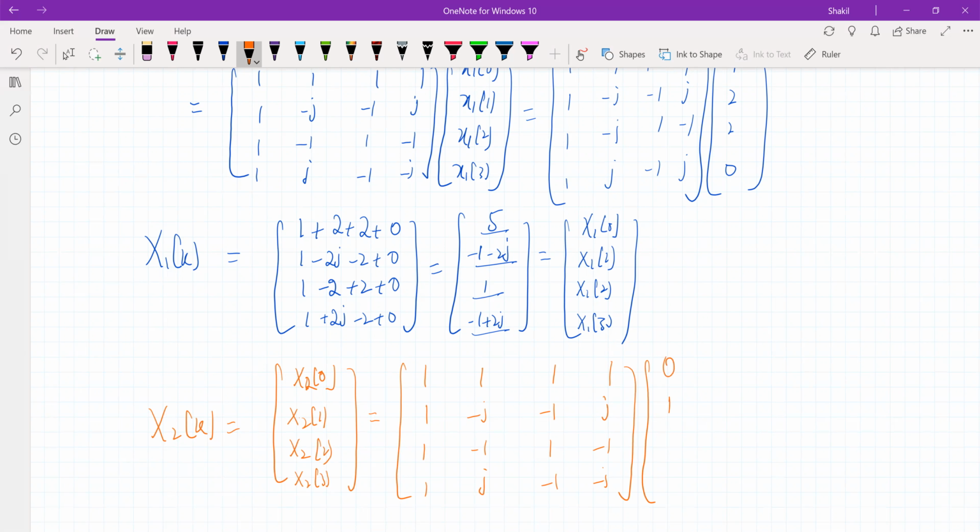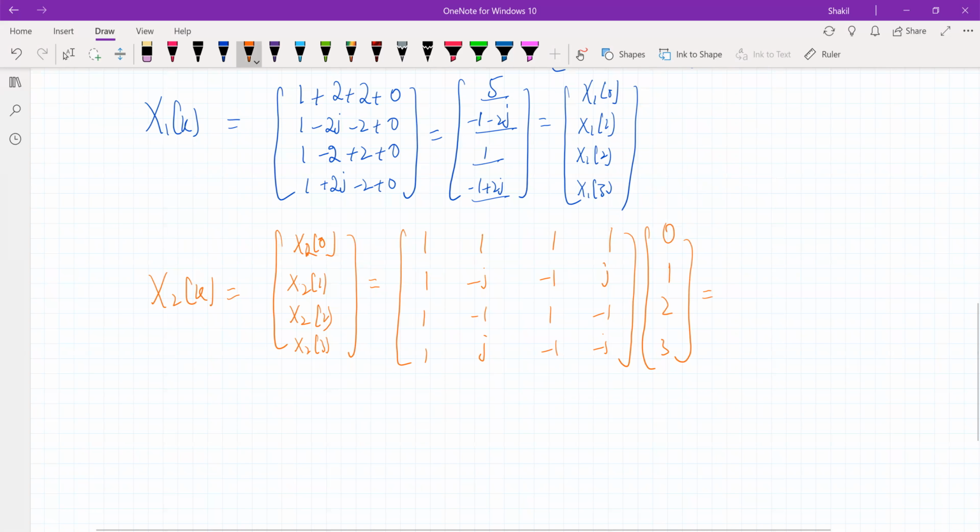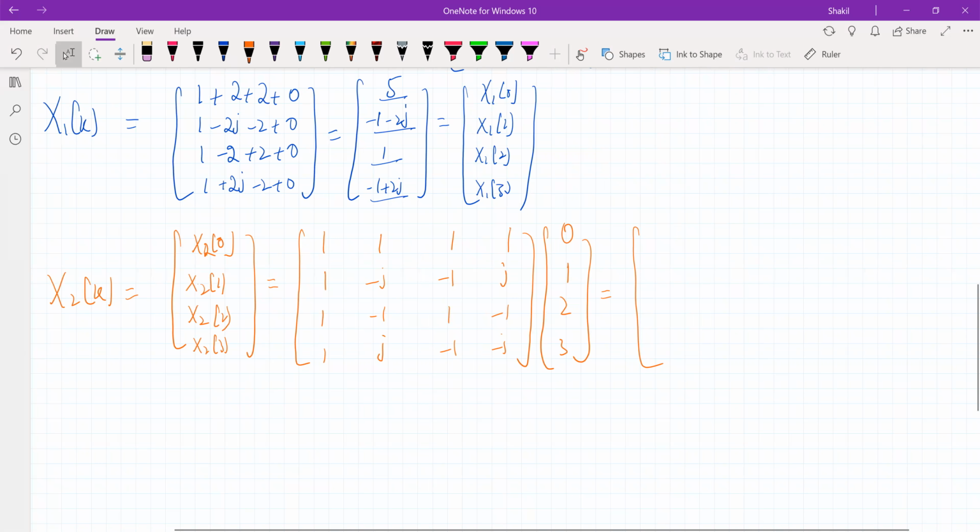So this will be 0, 1, 2, 3. Check the terms. This is 0 plus 2, 1, 1, 2 plus 3. Then 0 minus j when you multiply, minus 2 plus 3j. We are multiplying the matrices.